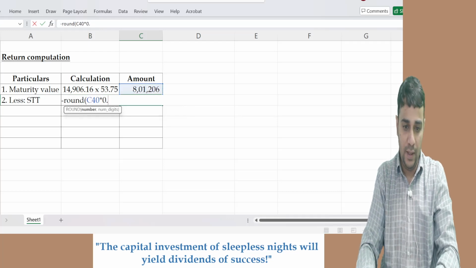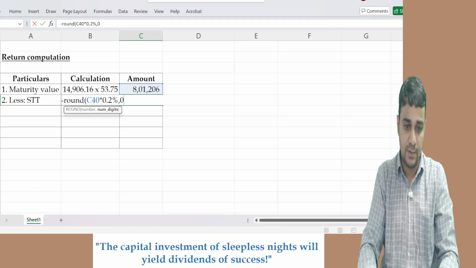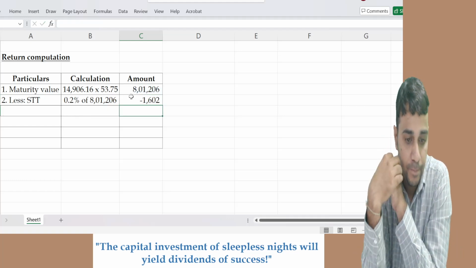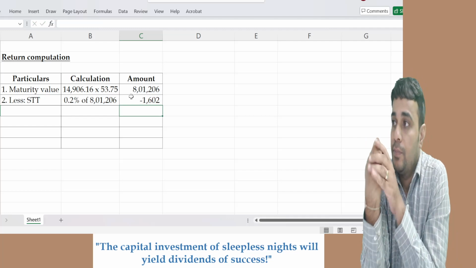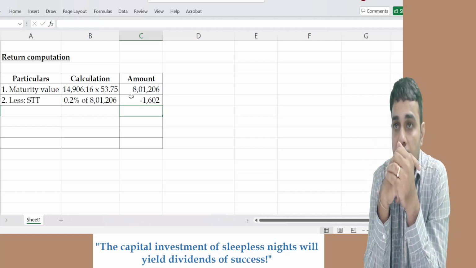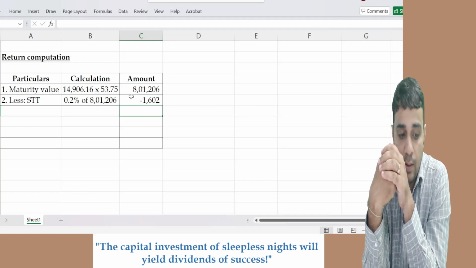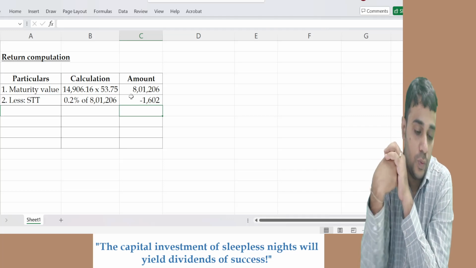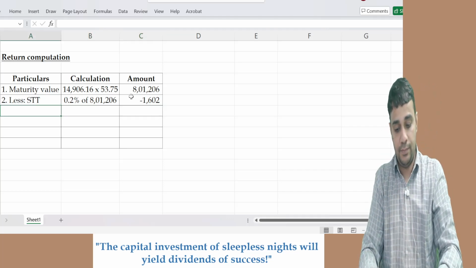Again, you can round off, it will not make any big difference to the final answer. 1602. Clear? Securities transaction tax 1602.